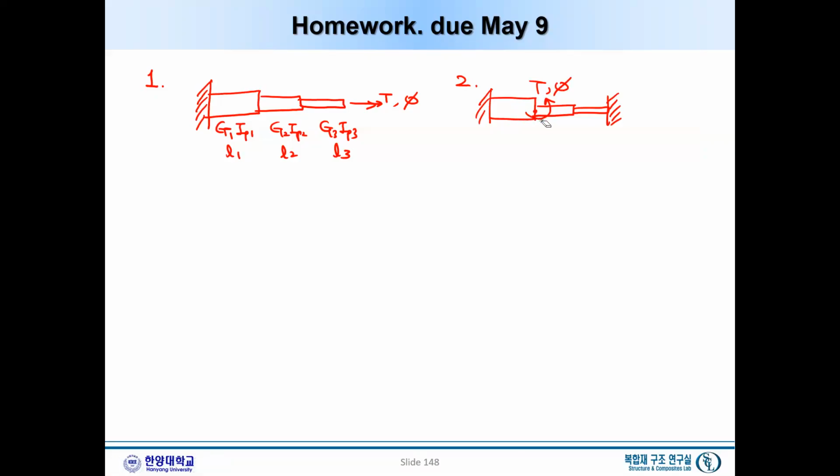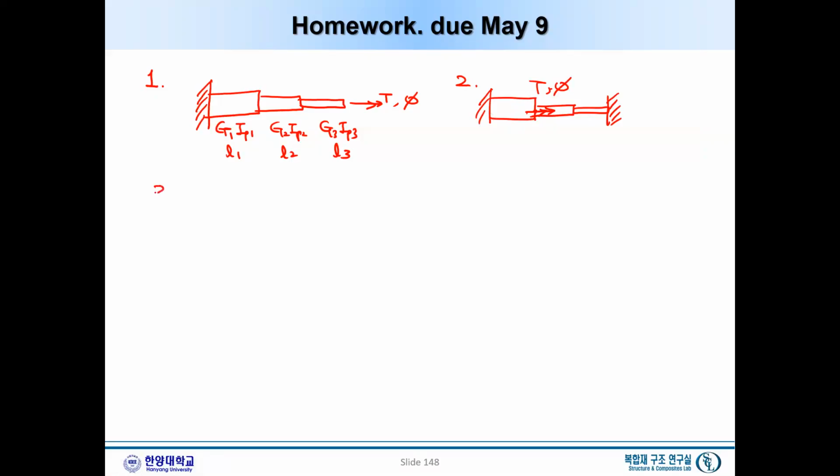This is the torque we apply, and then we want to calculate phi. The material property and length are the same as case 1.